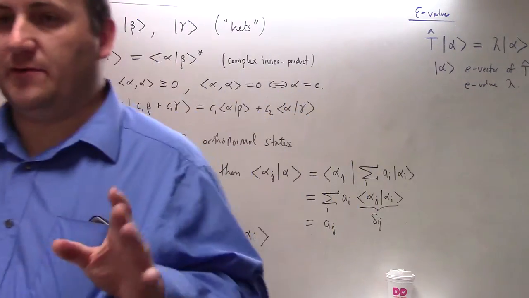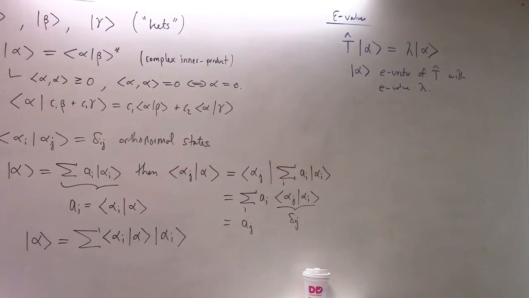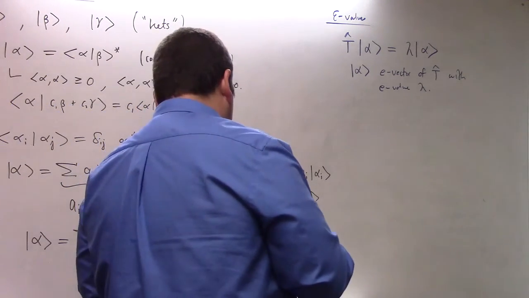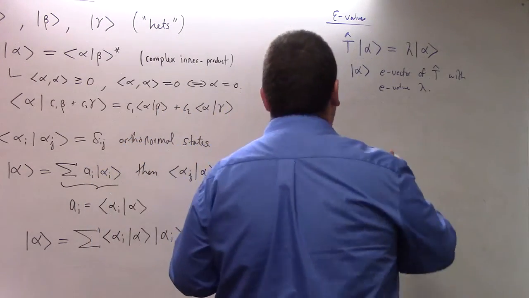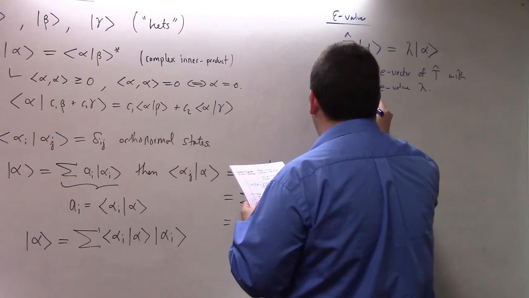Now, when we put a hat over things, they're operators in quantum mechanics. That's like the common notation. You put a hat on things, they're operators. Things without hats are scalars, generally.